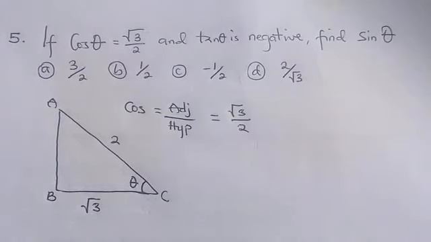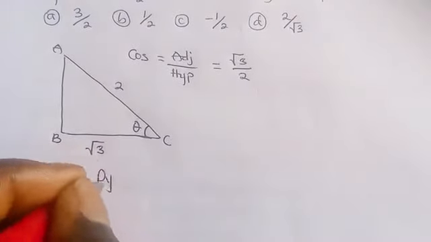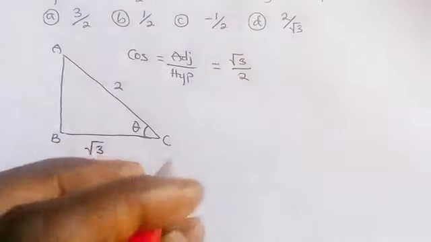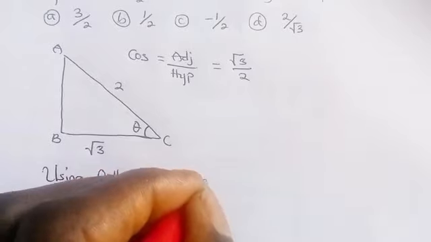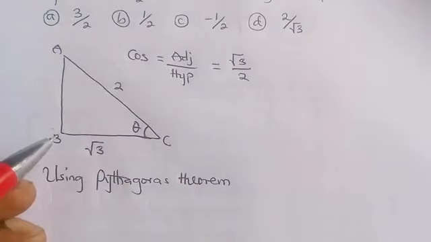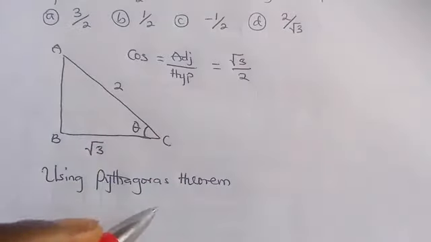Using the Pythagoras theorem, since we are looking for the opposite side, we subtract the square of the adjacent from the square of the hypotenuse.